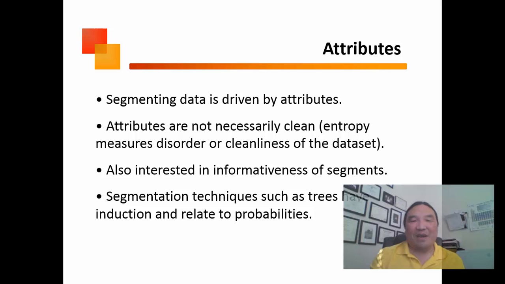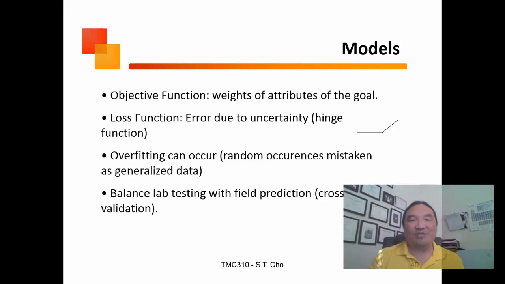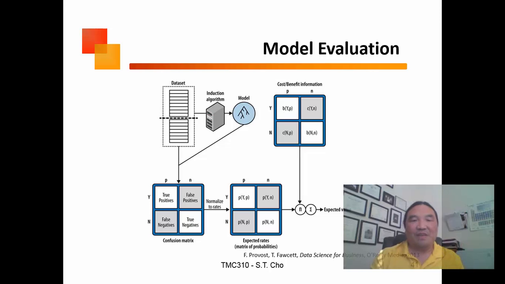We've talked a lot about attributes, the things that drive things. These are the different kinds of models they look at, meaning objective functions are basically the weights of your attributes. Loss function means how much error there is. You're concerned about overfitting, and that's how you start taking random occurrences as being fitted data. You want to balance your fit.